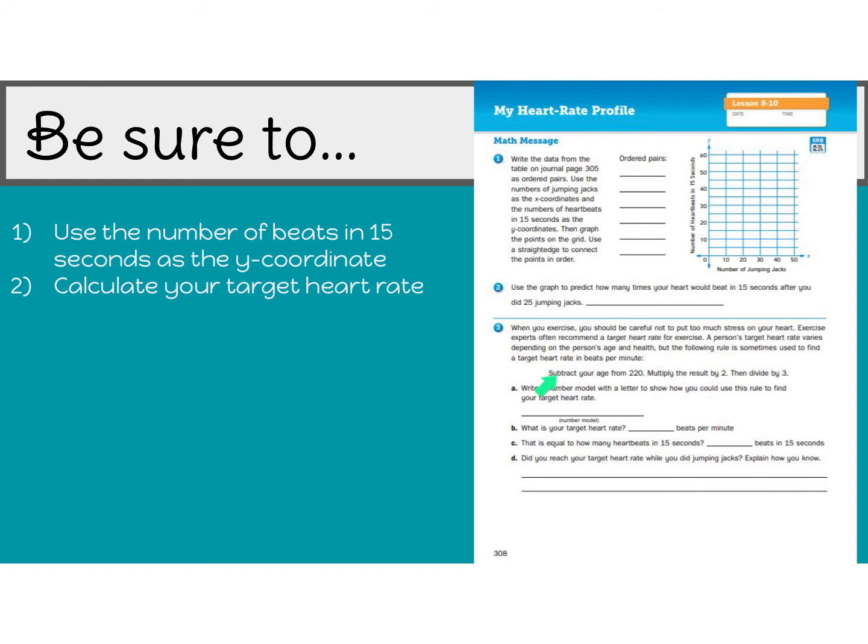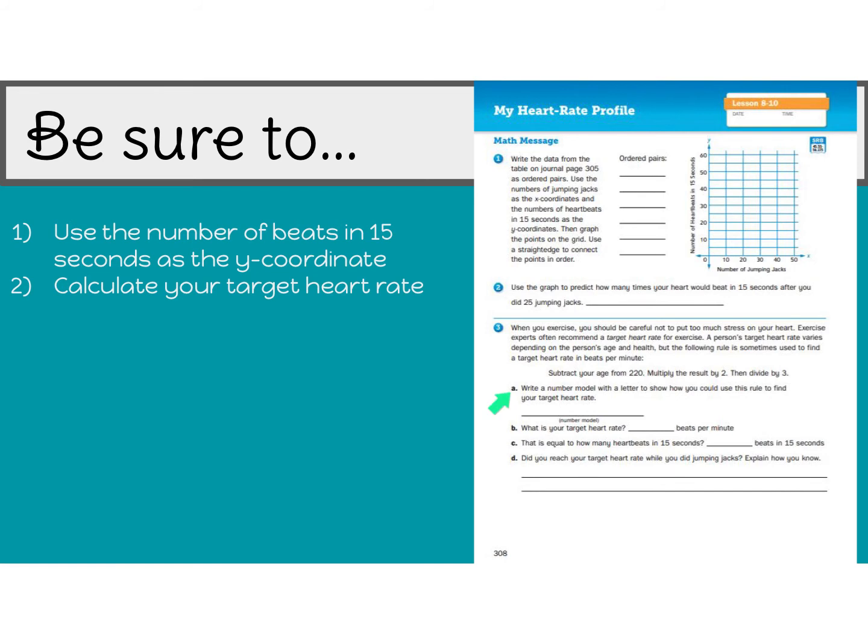So here is that little formula. Subtract your age from 220, multiply the result by 2, then divide by 3. So that's going to give you an idea what your target heart rate is.